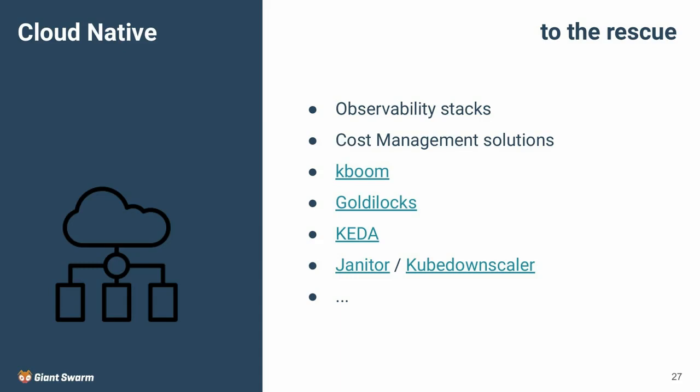And then you have something called Goldilocks, which at the end is the vertical pod autoscaler, but with an interface. It's a nice dashboard to see what the ideal resources would be that your application should set in the manifest, based on the observations that the vertical pod autoscaler takes from the cluster. So that's also nice to take a look at.